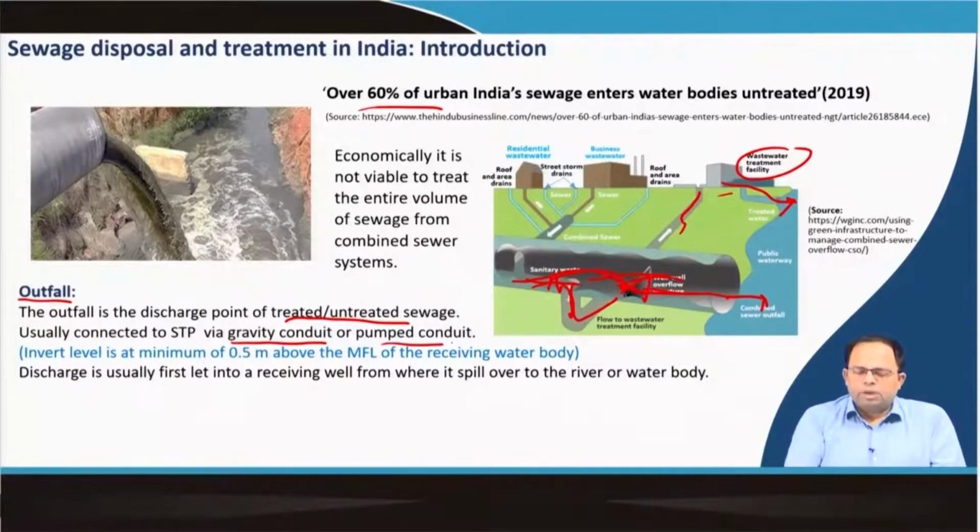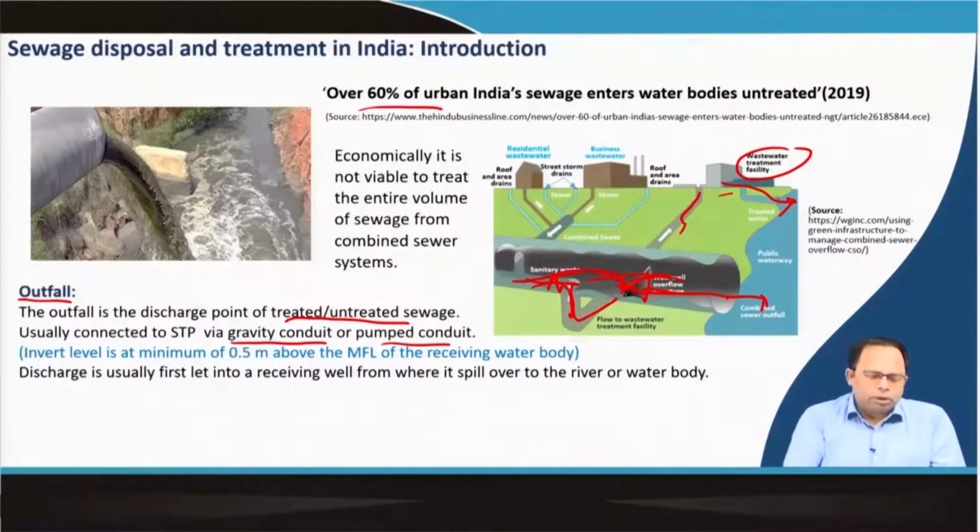It could be a pumped conduit as well, because sometimes the outfall is at a much higher level because of the presence of levees and other embankments on the river. We have to lift the sewage and then drop it into the water body.